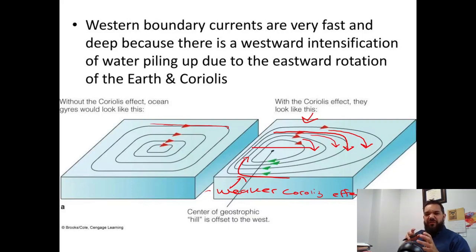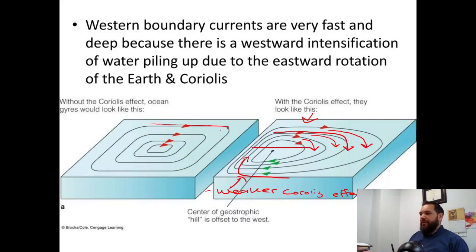Because it's stronger, the current is spread out over a larger area. I guess you can say de-intensification. It ends up being shallower and slower, and not as intense.